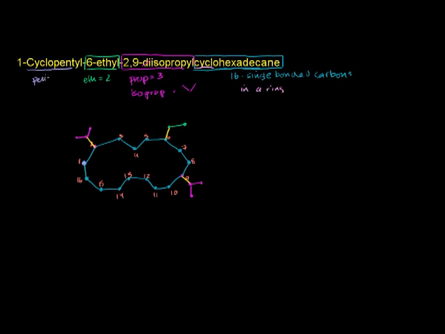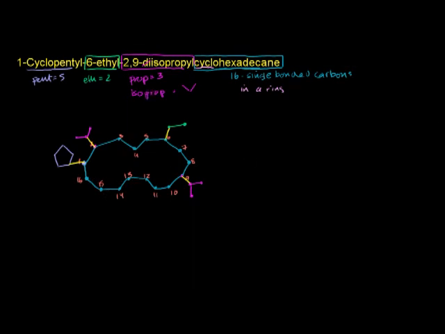It would look like this: 1, 2, 3, 4, 5. It looks just like a pentagon. That's a cyclopentyl group, and it's attached to the 1 carbon on my cyclohexadecane, just like that. And we're done. We've drawn 1-cyclopentyl-6-ethyl-2,9-diisopropylcyclohexadecane.